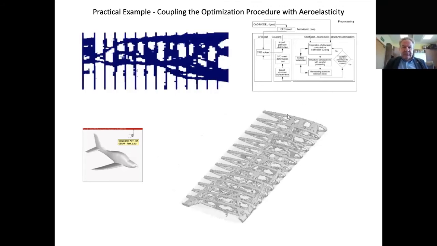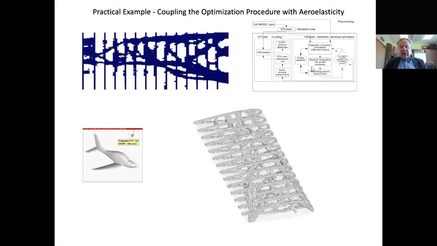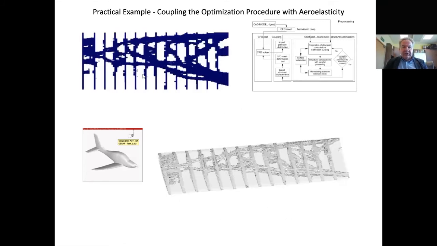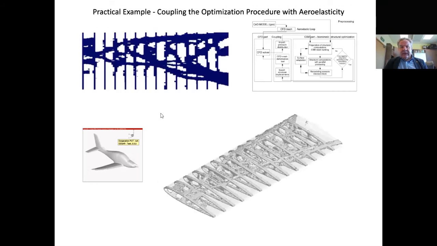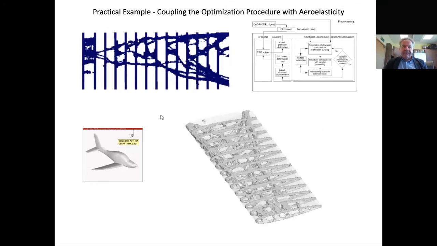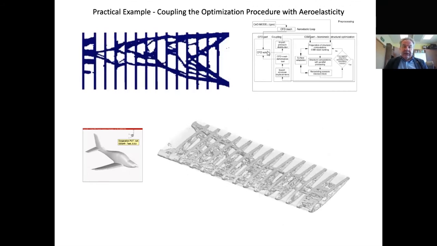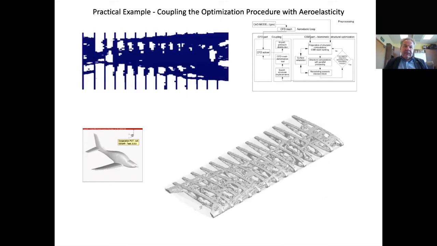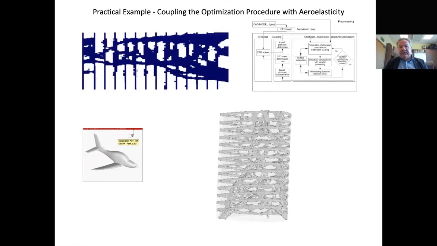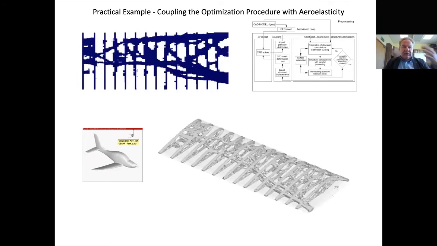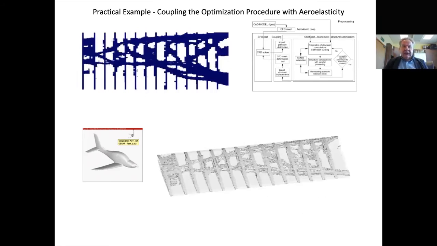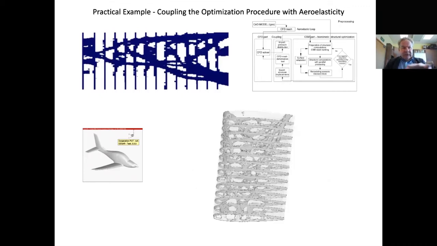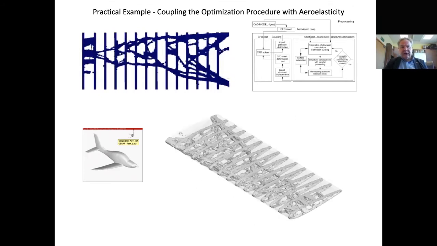Then this pressure distribution is used as a load for the optimizer, and we change the internal structure of the wing, and then we go back to the CFD solver, and the position, the deflection of the wing is different. If the deflection is different, also the CFD results are different, and the distribution of the pressure on the structural surface is different, and so on and so on.